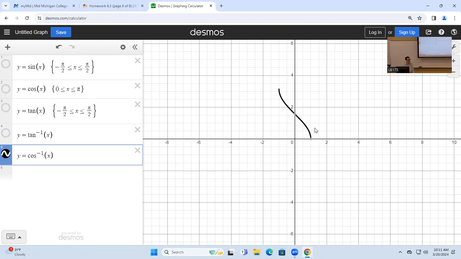Turns out cosine inverse is not even because even means symmetric about the y-axis, which would make it not one-to-one. Does that make sense? Go back to cosine with unrestricted domain.